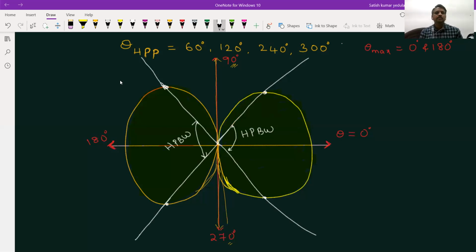If this is 120 degrees and this is 240, the half power beam width will be around 120, because 240 minus 120 is 120, and this is also 120 degrees. This is how you have to draw the radiation pattern.